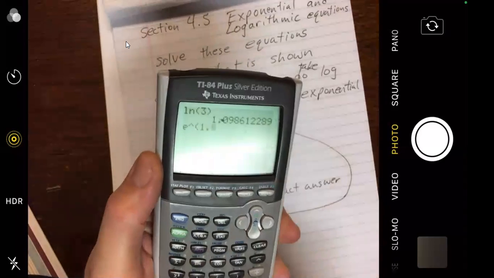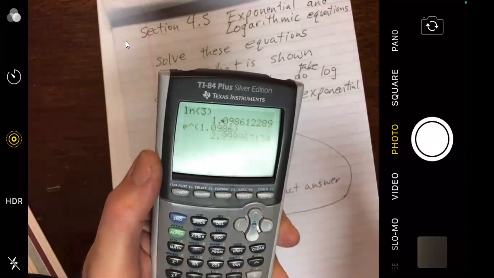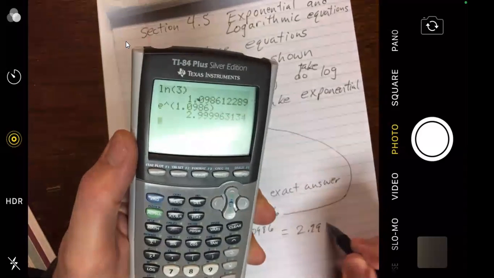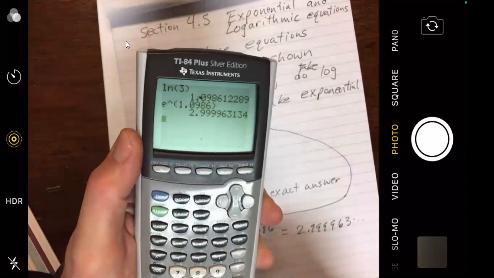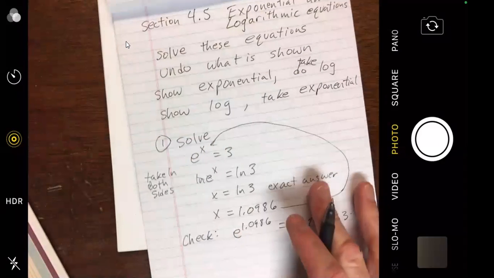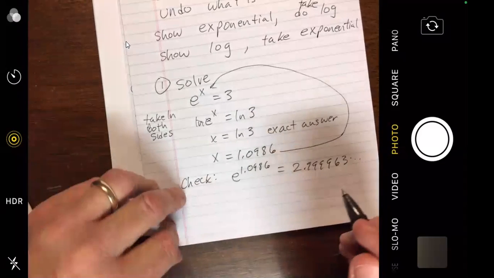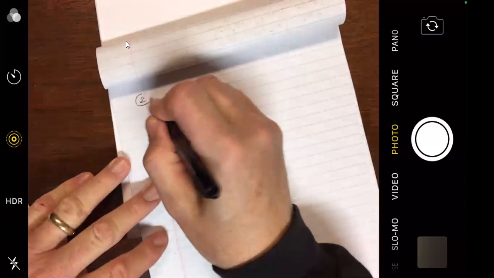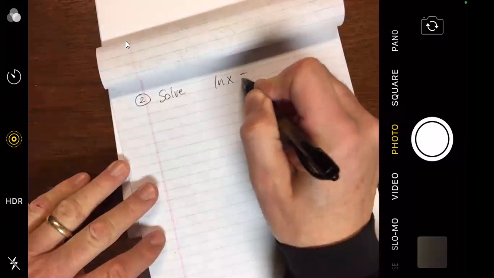e to the 1.0986 gives 2.9993. So we're doggone close to 3. Second type is, let's say, solve ln of x equals 3.